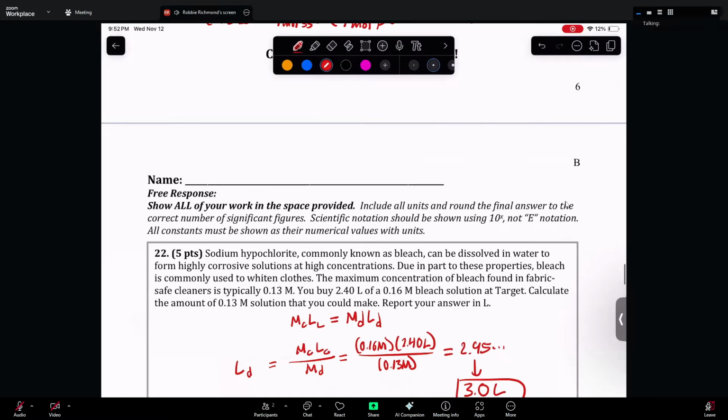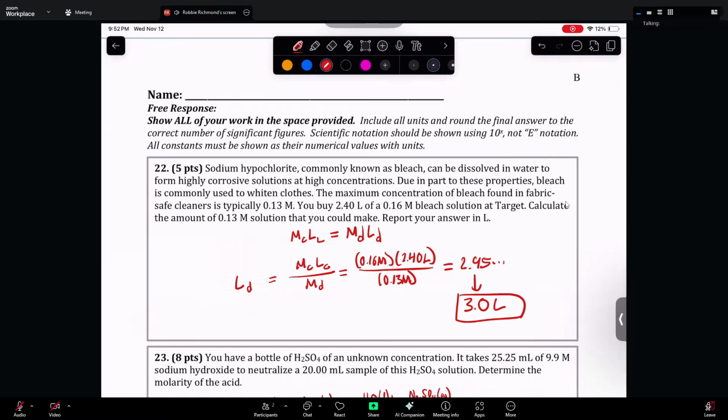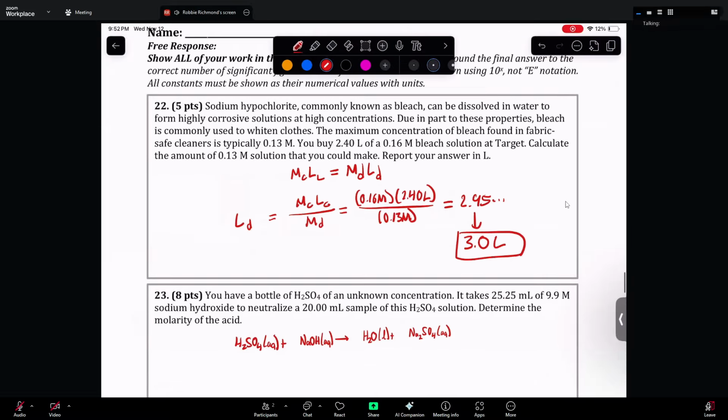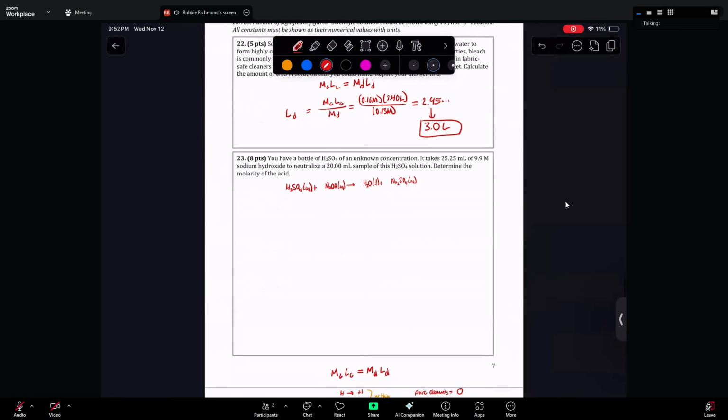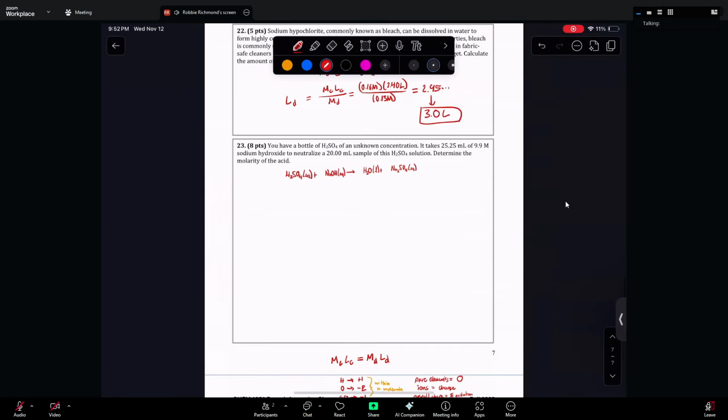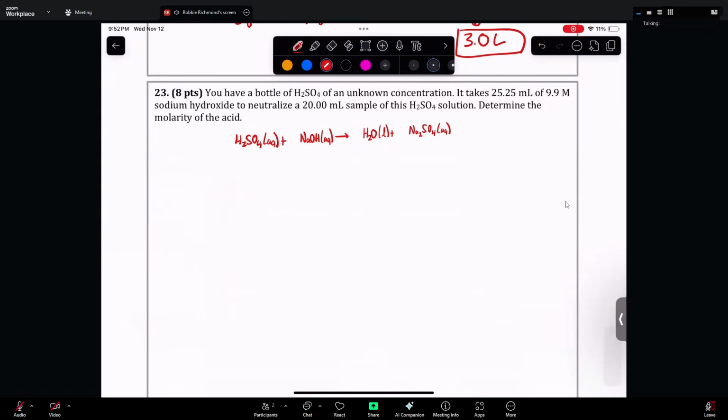And always for these free response questions that you show your work, please box in your answers so Dr. Outlaw has an easier time grading these questions. Alrighty, last final free response question. So we have hydrosulfuric acid with an unknown concentration, takes a certain amount of liters and concentration of our base to neutralize a 20 milliliter sample of that hydrosulfuric acid solution.